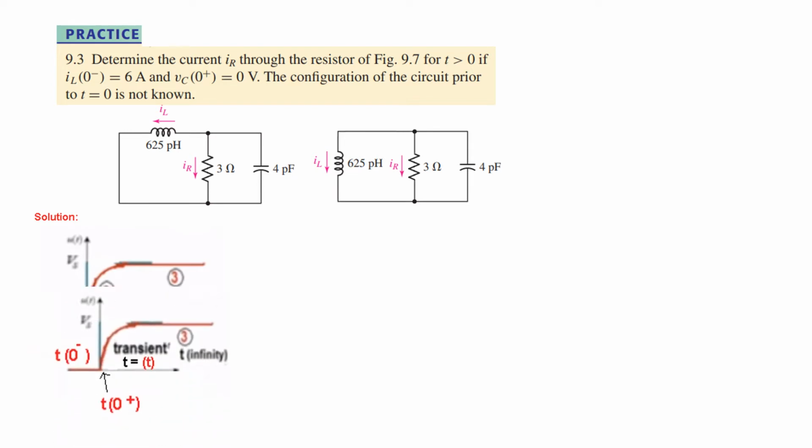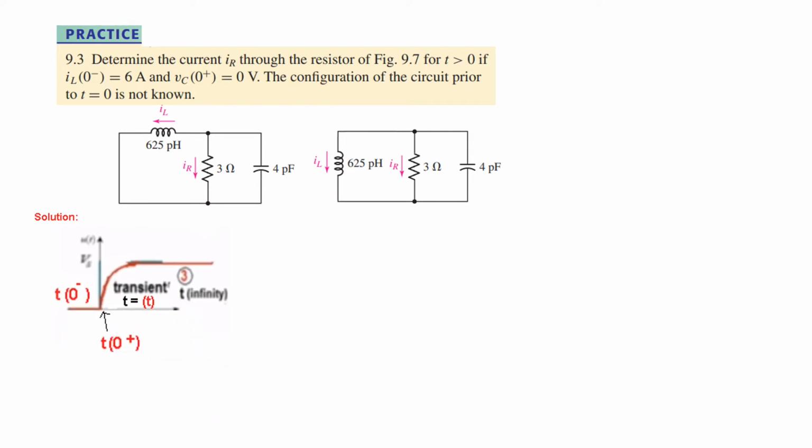So this is called the t infinity region. Two more points: what is 0 minus? 0 minus is just short of the 0 line, and this is 0 plus, just after 0. This has a very important significance.